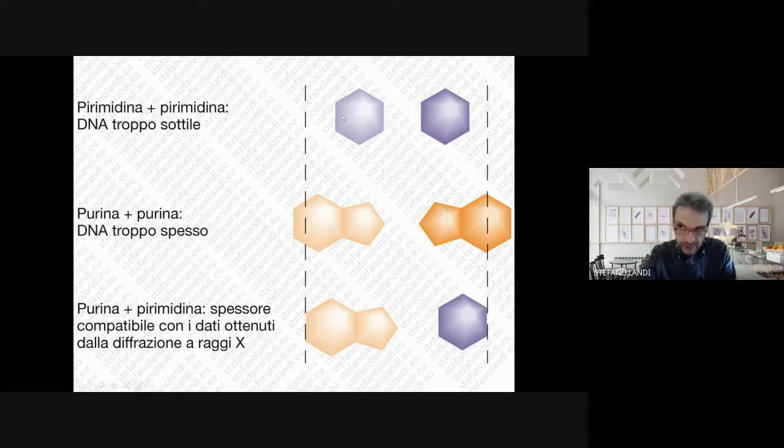They found that if you pair two pyrimidines, there would be extra room left according to the distance of the atoms in the molecule. If you instead pair two purines, there is not enough room for this operation. The perfect distance measured by crystallography was when you pair a purine with a pyrimidine.